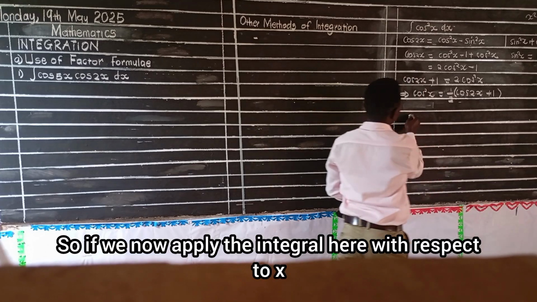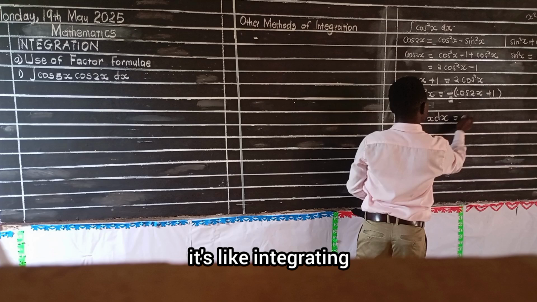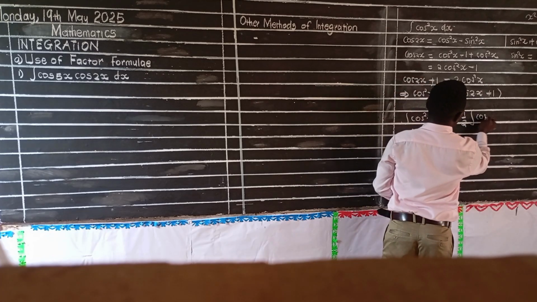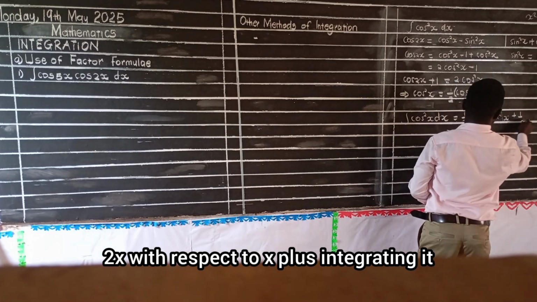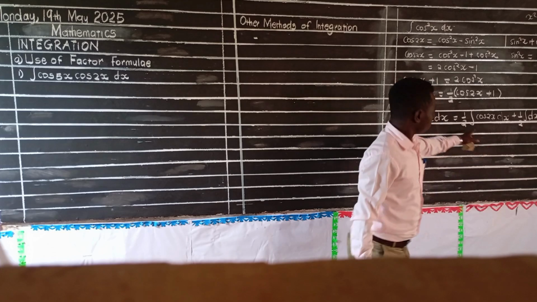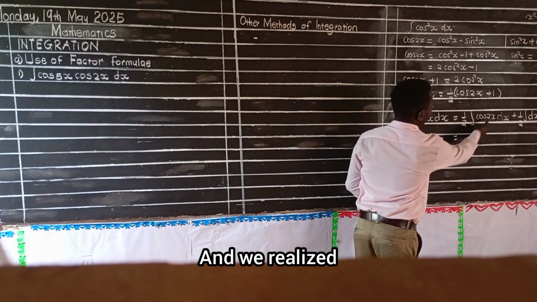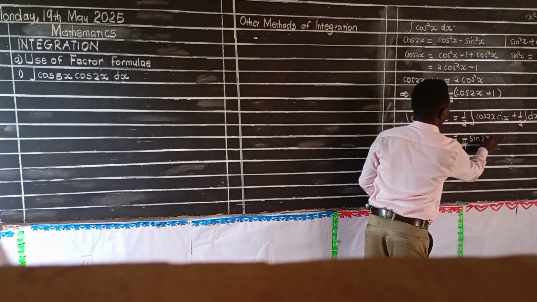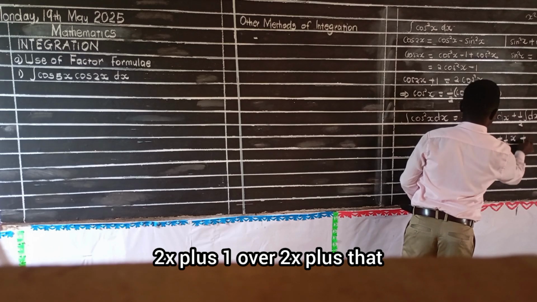So if we now apply the integral here with respect to x, it is like integrating cos 2x with respect to x plus integrating 1 with respect to x. So this was our problem of yesterday, and we realized that when you integrate this, you get 1 over 4 sine 2x plus a half x plus c.